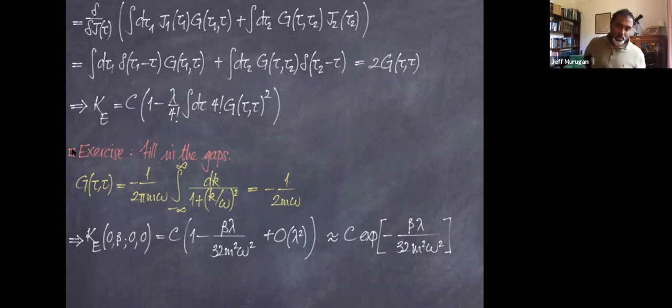Why do I want to approximate it by the exponential? Well, because I really want to extract out of this thing the ground state energy, right?